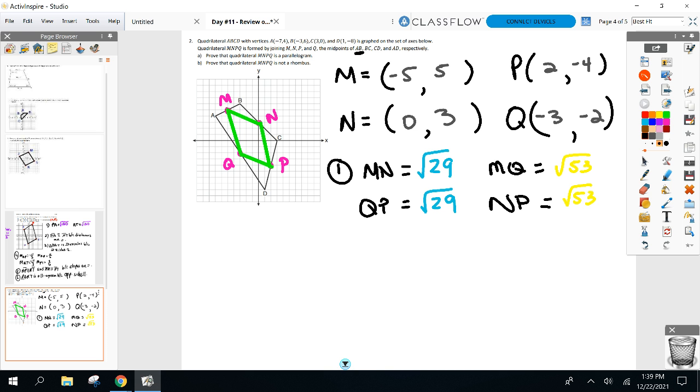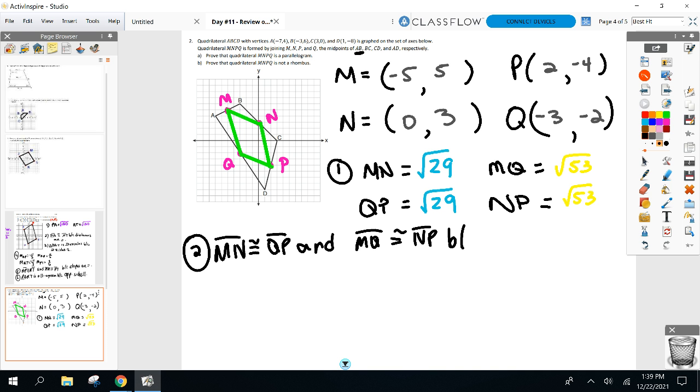So now we can say in step 2, MN congruent to QP. And on the opposite side, MQ congruent to NP because distances are equal.